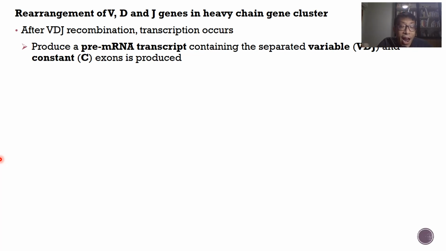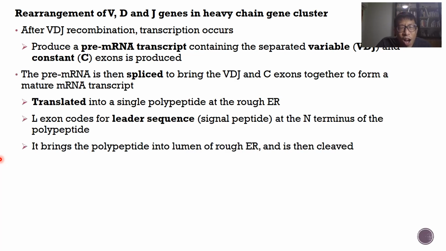Remember, there's also the L exon before the VDJ. After splicing, it's quite similar to what happened with the light chain. The C exons would be joined to the VDJ exons. Now we have a very nice mature mRNA that has that one L exon, the VDJC exons.